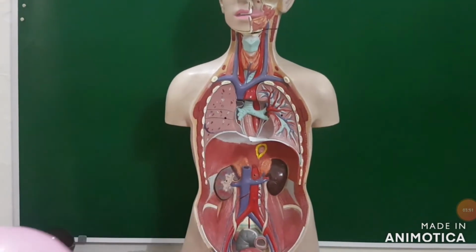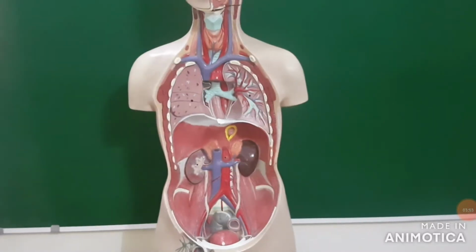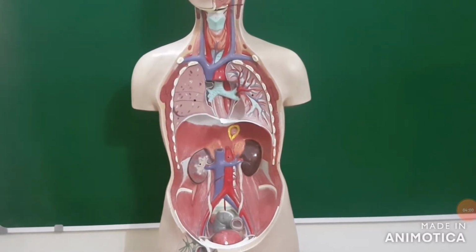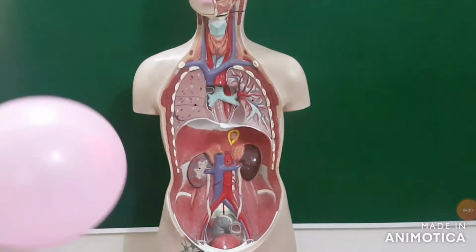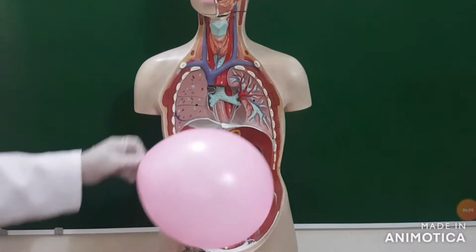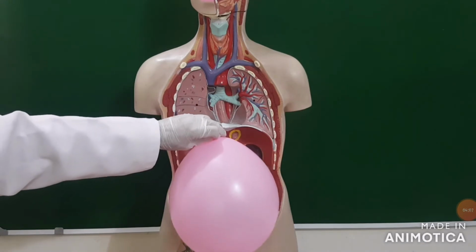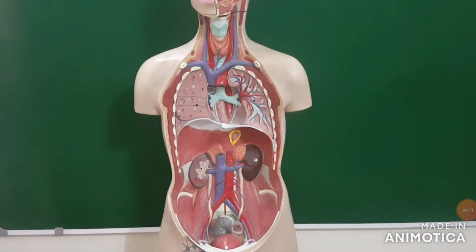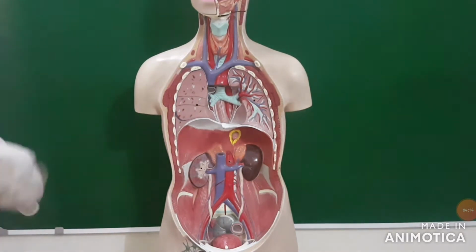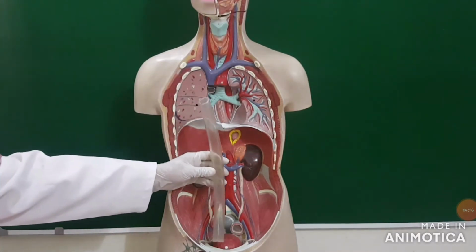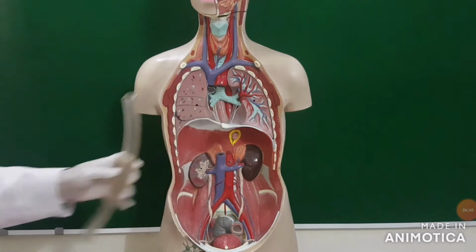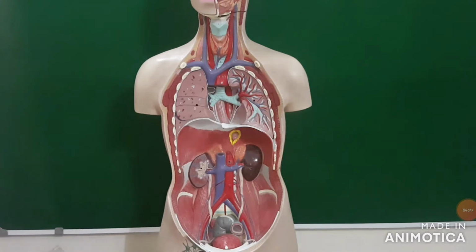This is an inflated balloon which represents the primitive peritoneal cavity, and through this we'll try to learn how the peritoneal cavity develops within the abdominal cavity. So let's consider this the primitive peritoneal cavity, and this is the posterior abdominal wall that we can see. This is the primitive gut that is developing within the abdominal cavity.